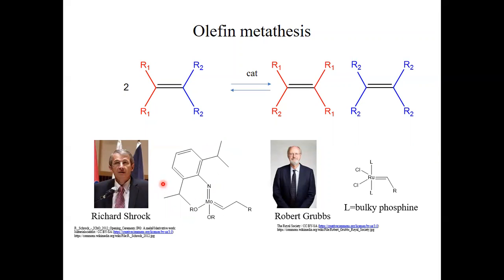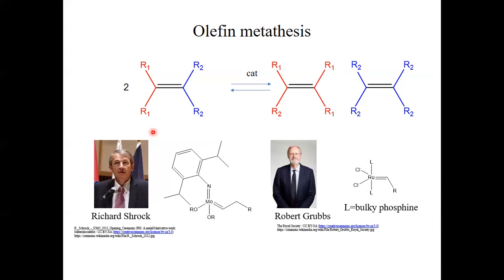And there are the so-called Grubbs catalysts, named after Robert Grubbs, which are ruthenium catalysts, which are carbene catalysts. So the characteristic here is that you have a ruthenium carbon double bond. In addition, you have here chloro groups and bulky phosphates.